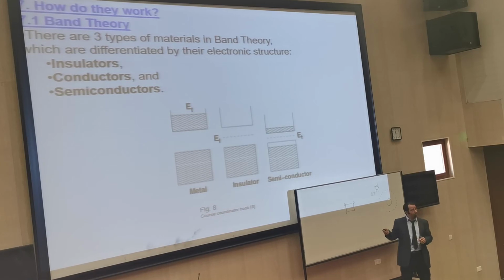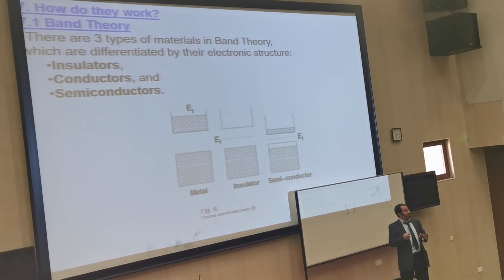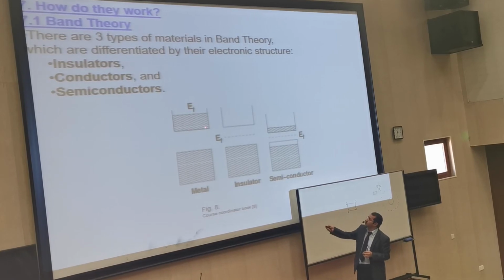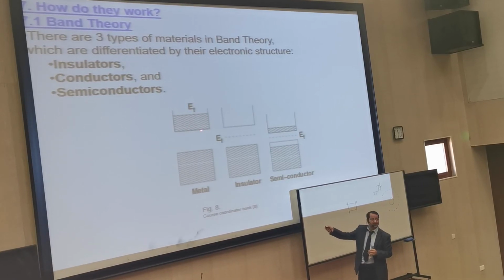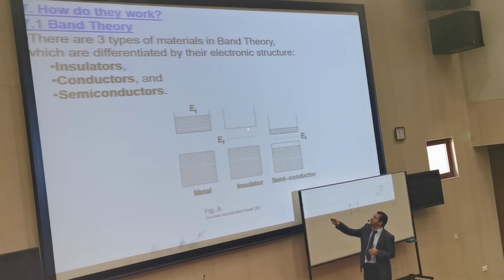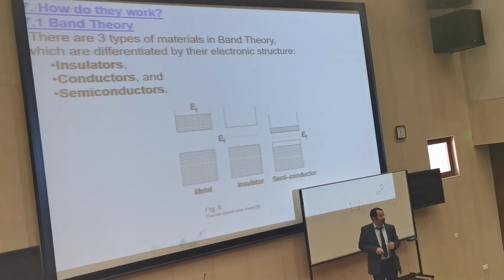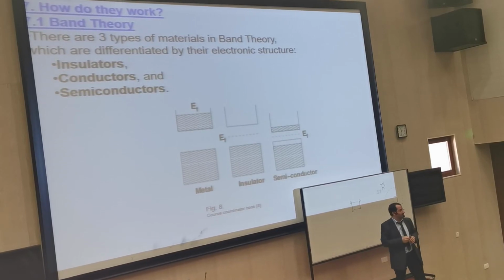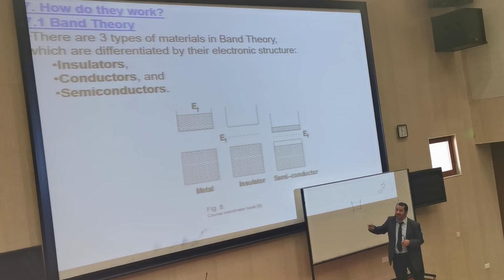Now, electrons for conduction: to say that this conductor is conducting electrical current, we have more electrons here, you got it? More electrons here. See, the insulator is empty. No electrons in the conduction band, it cannot conduct. The electrons are only in the valence band.